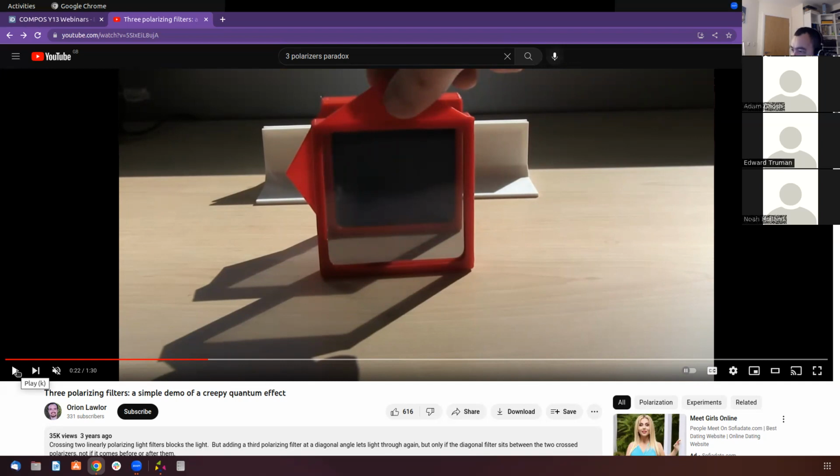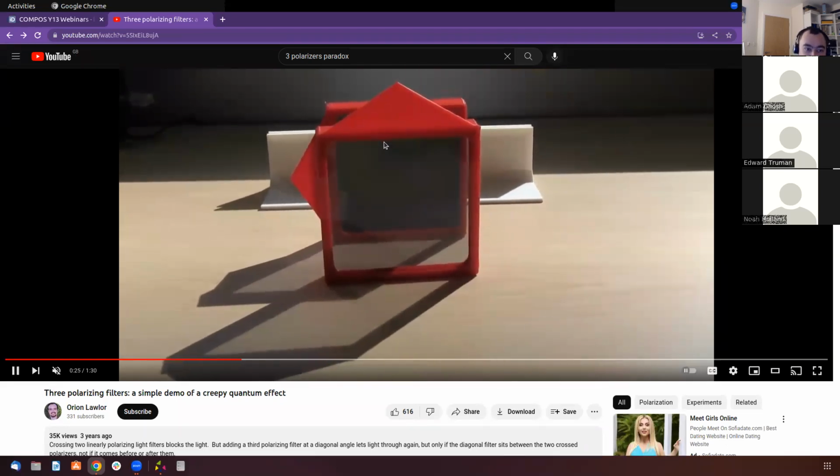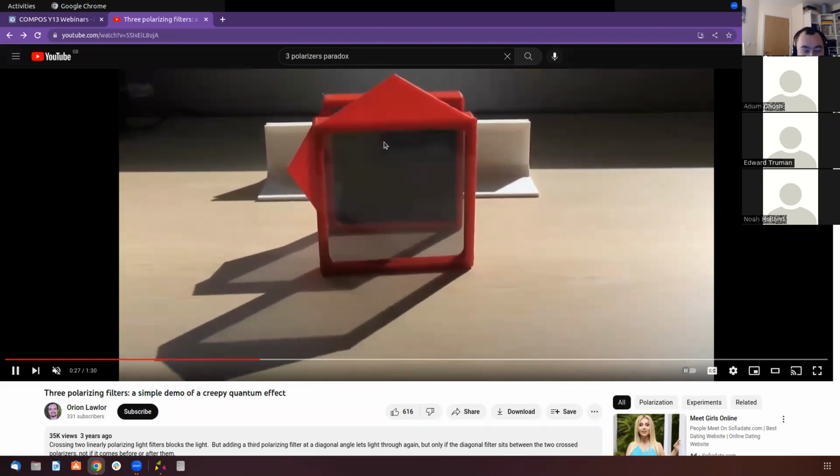Have you seen this experiment before? Yes. Okay, good. Now you have zero transmission because one is polarizing vertically, one is polarizing horizontally.